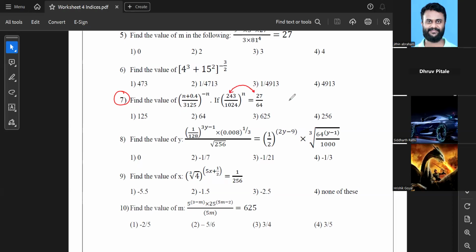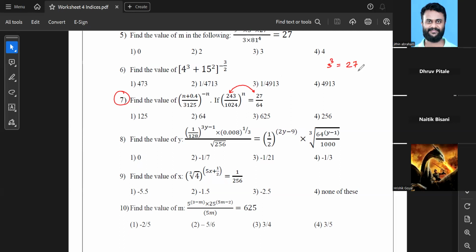Sir, power of 3. It's not directly a power of 3, but they both are connected to 3. Yes, sir. Connected to 3. So 3 raised to 3 is 27, right?